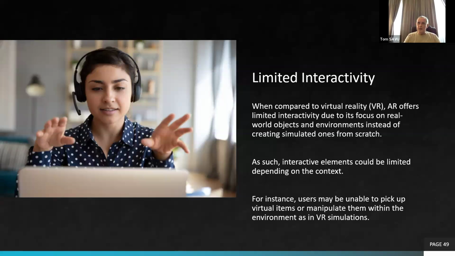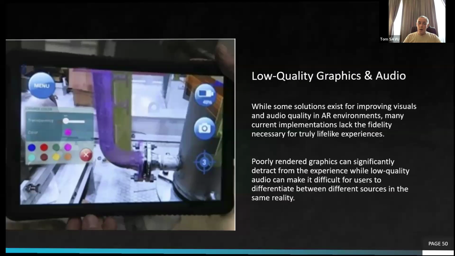In augmented reality, the image generated by the computer does not depend very much on the actions of the user, apart from the movement, from the position. But the user cannot change the image, cannot change the shape of the object generated by the computer. So the interactivity is more limited than in virtual reality, for example.